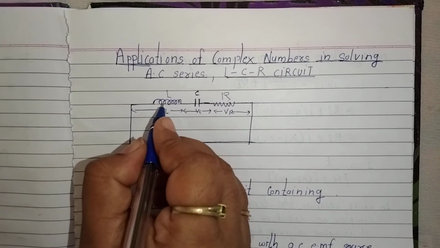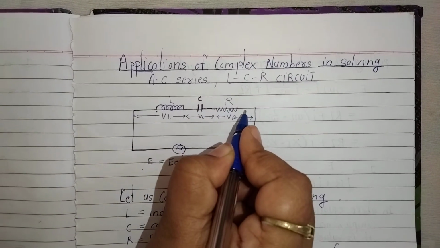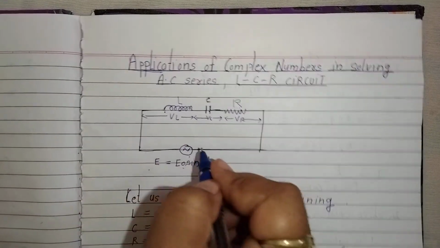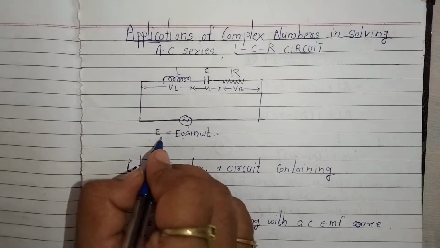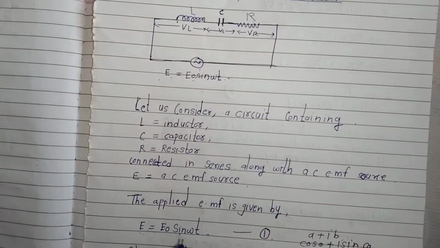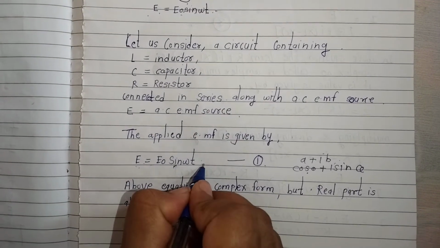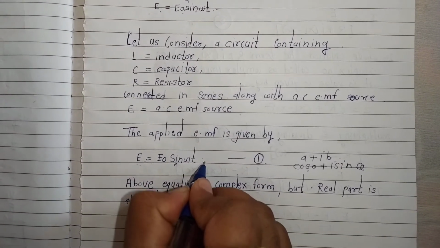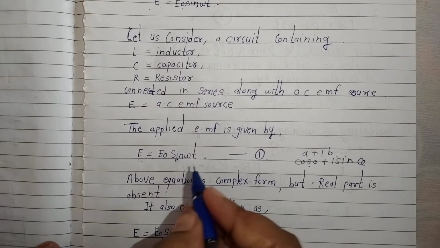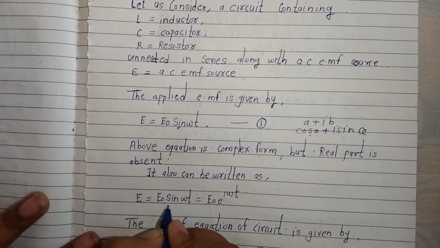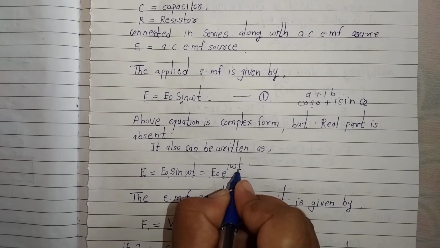In the diagram, the circuit contains inductor L, capacitor C and resistor R connected in series with an AC EMF source E. The EMF source is E is equal to E0 sin omega t, which is in imaginary form. The real part is absent, only the imaginary part is present. The equation can also be written as E is equal to E0 sin omega t, which is E0 e raised to i omega t, which is equation 1.